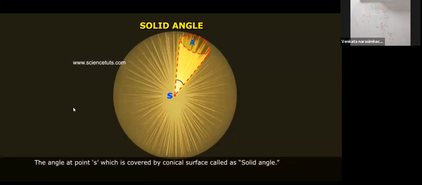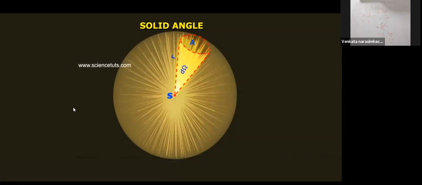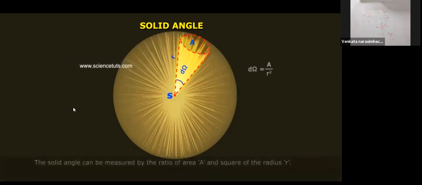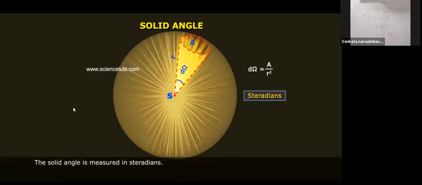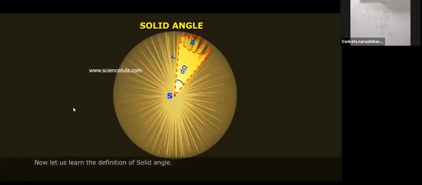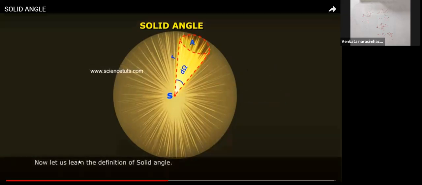The angle at point S, which is covered by the conical surface, is called the solid angle, d omega. The solid angle can be measured by the ratio of area A and the square of the radius r. The solid angle is measured in steradians. Now, let us learn the definition of solid angle.